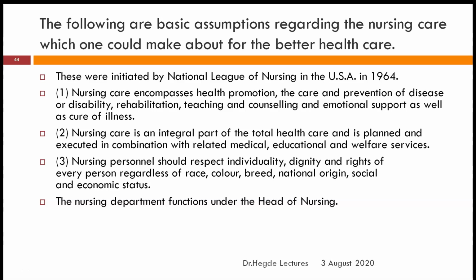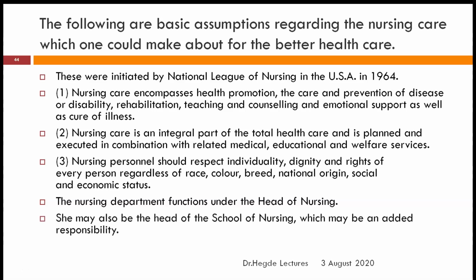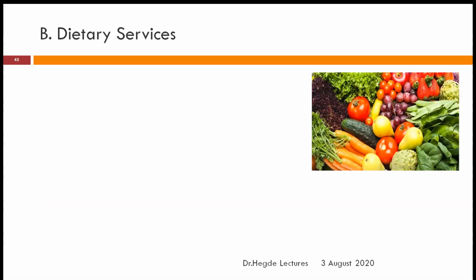So there will be a head nurse. Under her, all the nursing staff will be working accordingly. She may also be the head of the school of nursing, which may be an added responsibility to her. Now we can see some of the other supportive paramedical services and staff, which may include the dietary services.